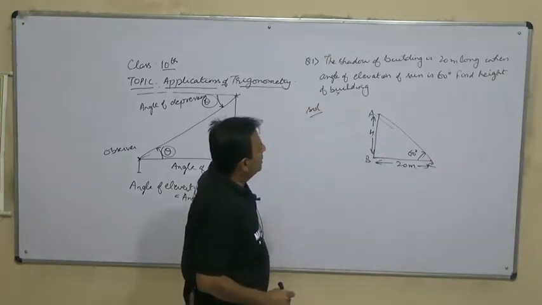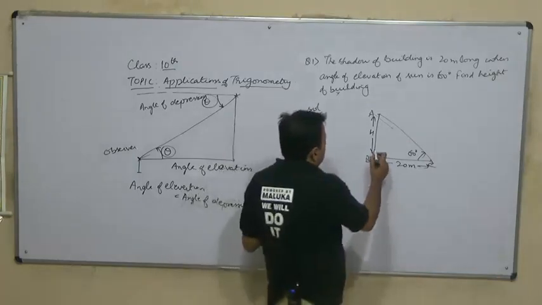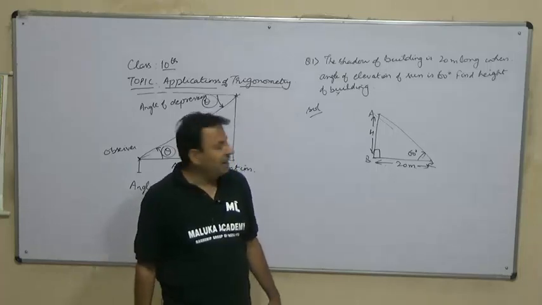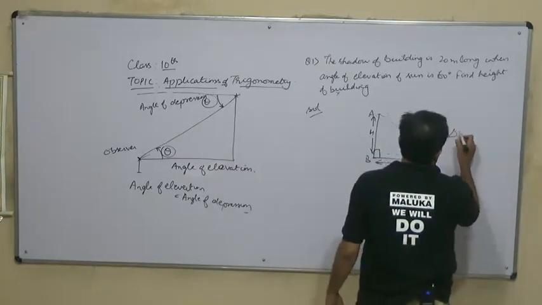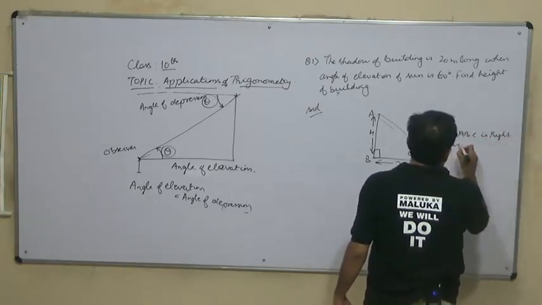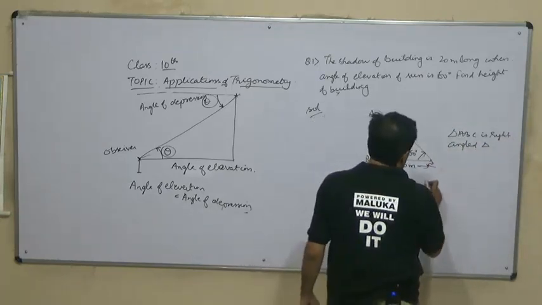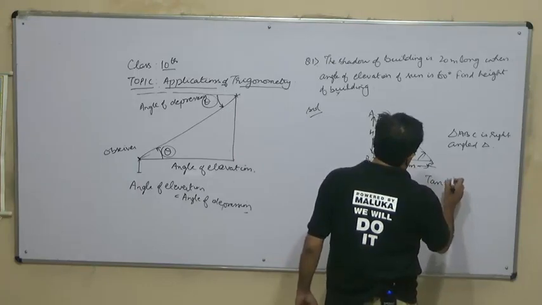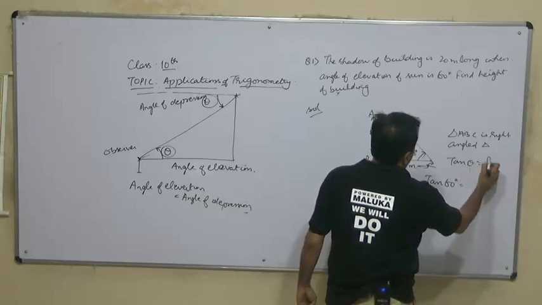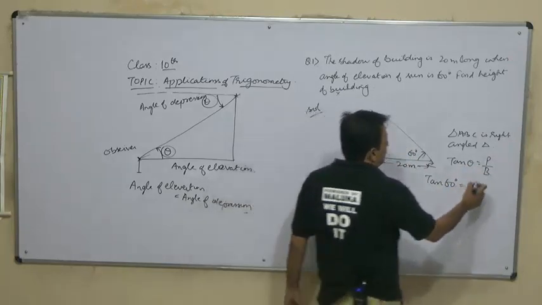Now we know that a building is always perpendicular to the ground. So angle B is 90 degree. So triangle ABC is a right angled triangle. Here we can say that tangent 60 will be equal to AB upon BC, since tangent theta is given by perpendicular over base.